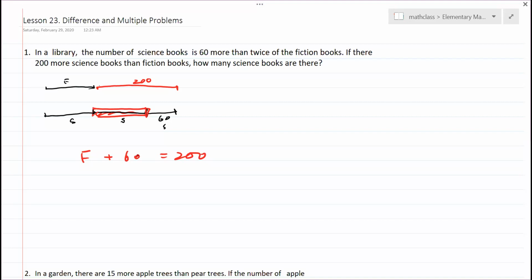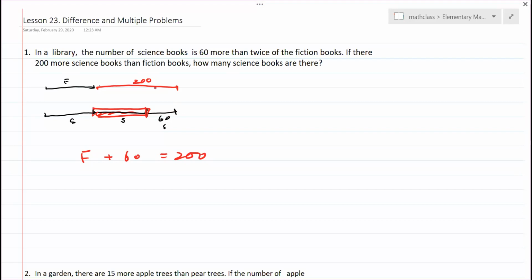So let me repeat again. At the very beginning, you draw the line for the number of fiction books, then you draw the line for the number of science books. Then you see that the total is the number of science books. But there are 60 more than twice the fiction books.